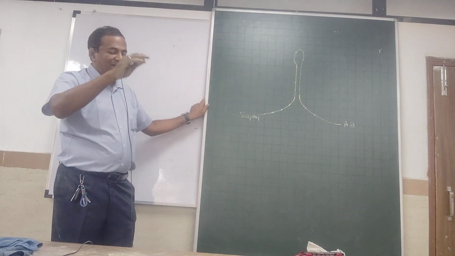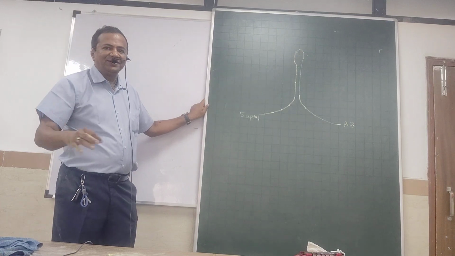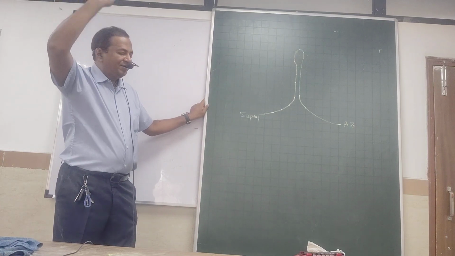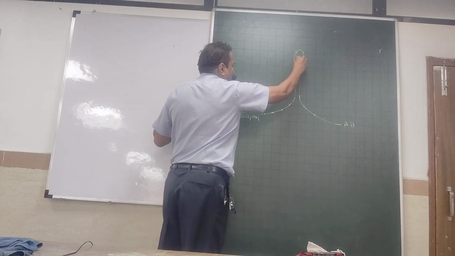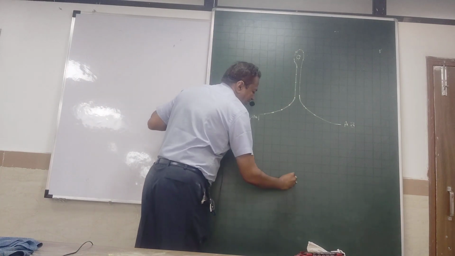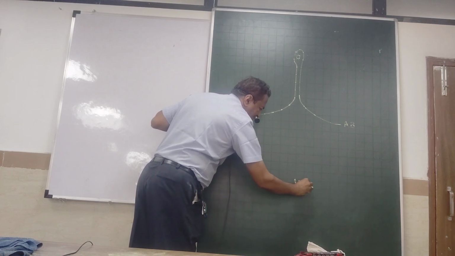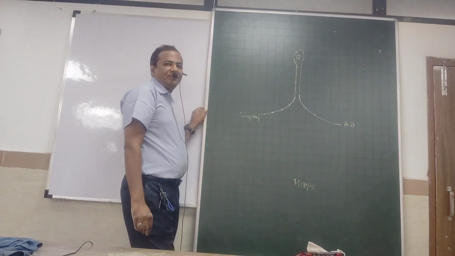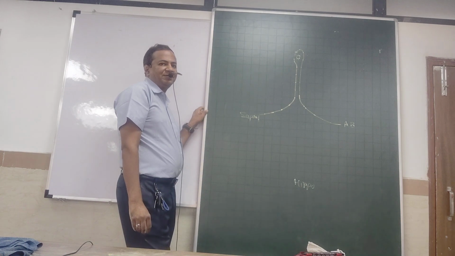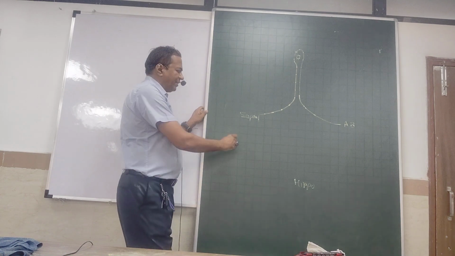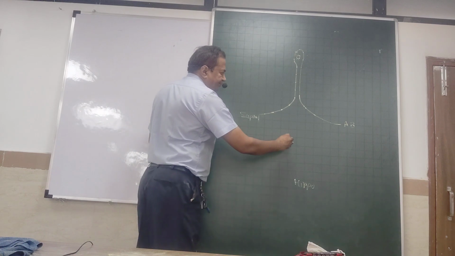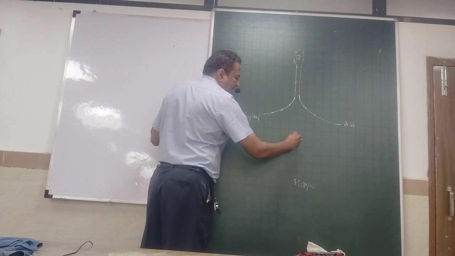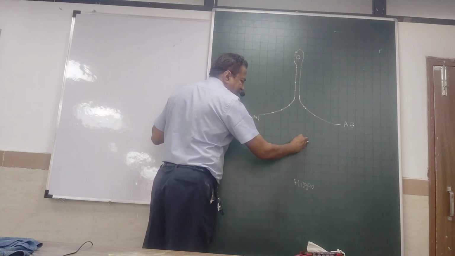I am not concerned currently with the olfactory tract details. So if I have written olfactory here, I'll put hippocampus here. I have put hippocampus here. Okay? And I'll put hypothalamus here.